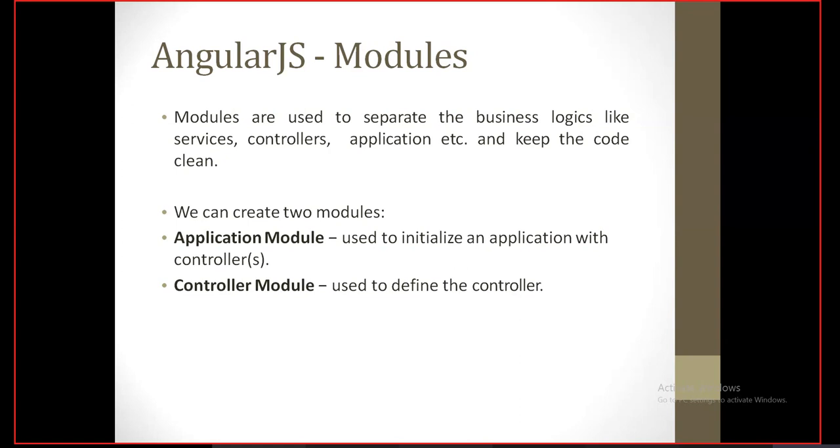Modules in AngularJS can be created in two ways. Either it will be a controller module, like we saw how the controller module was created, or it will be an application module, which we create using the ng-app directive.